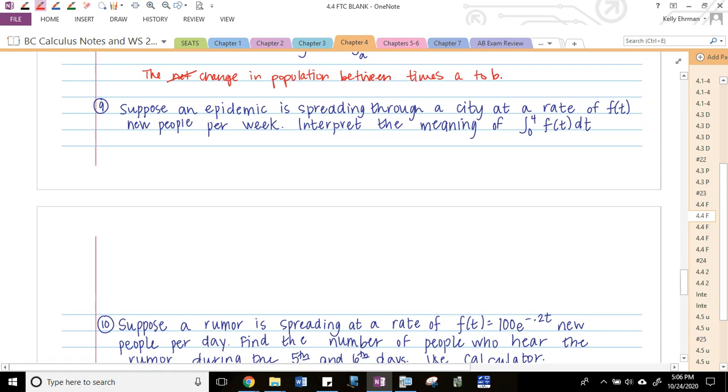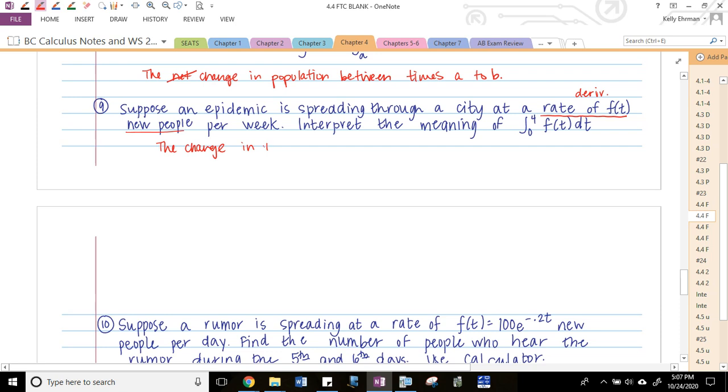So again, a rate of f of t. Even though it doesn't say prime on it, this is a derivative. So the integral of a derivative will come out to just the original function, which is talking about people. So not with that per time period. So this is the change. I'm just always going to say change to be safe here, unless I know it's an increase or a decrease or whatever.